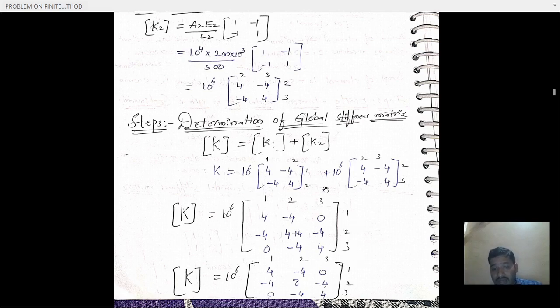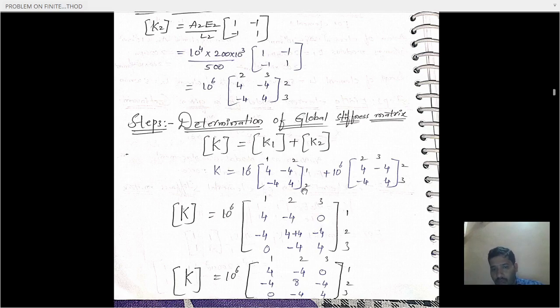Then 1 into 1 should be 4. Got the point? 1 into 2 should be minus 4. 1 into 3 is not there here, so we consider 0. Clear?